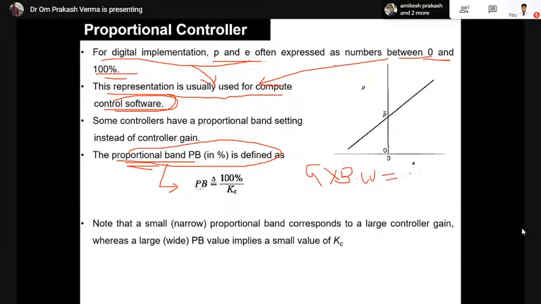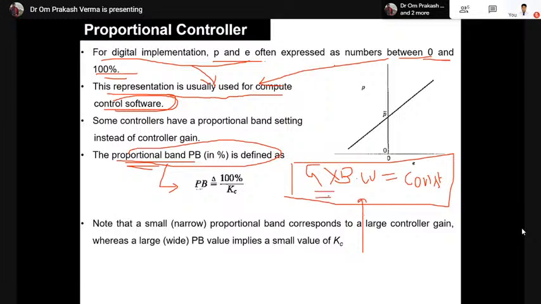In electronics or electrical science, you must remember this formula: gain bandwidth product. If you don't know, just remember that gain into bandwidth product is always a constant. If bandwidth increases, then gain will decrease, and if gain increases, then bandwidth will decrease accordingly.